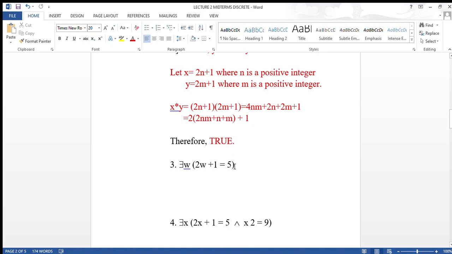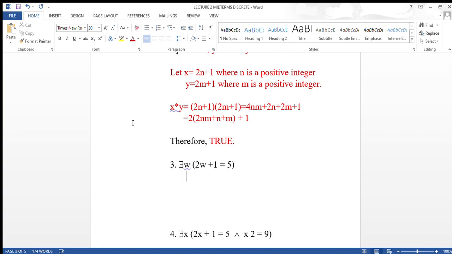Next example, we have there exists a w such that 2w plus 1 is equal to 5. What does that mean? Since we are now using the existential quantifier, it only tells us that we just need one value of w that will satisfy this equation.